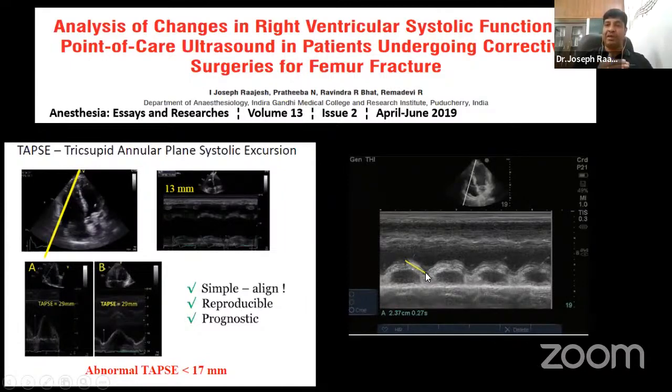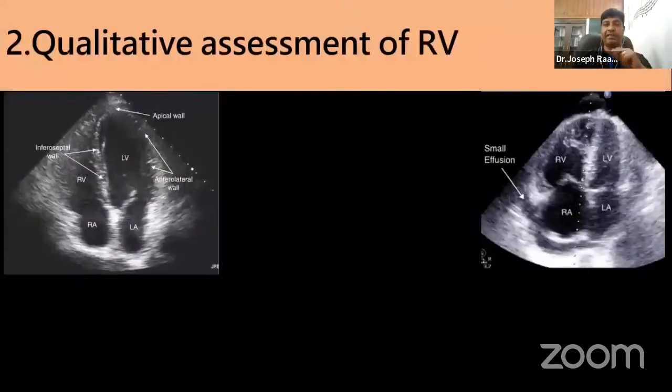This tells you how much the tricuspid annulus is moving, because since it's attached to the RV, it moves longitudinally. Anything above 17 is considered normal. If the TAPSE is less than 17, then we know that the right ventricle is not moving properly. So that's one of the indicators for right ventricular dysfunction. We'll move on to the next one.